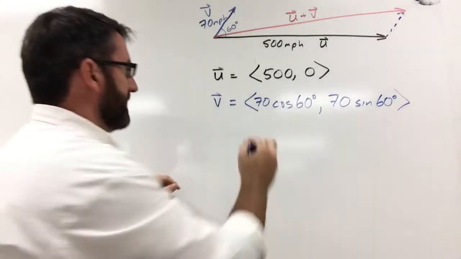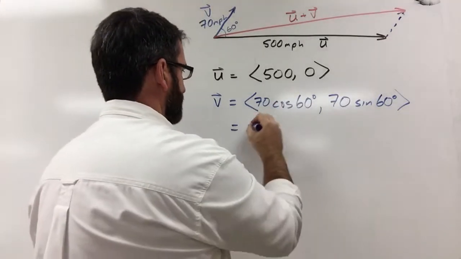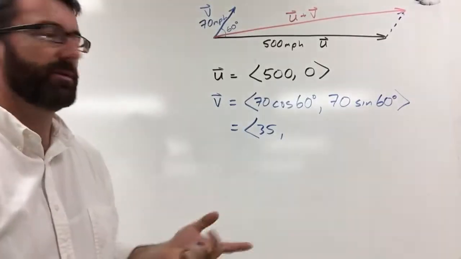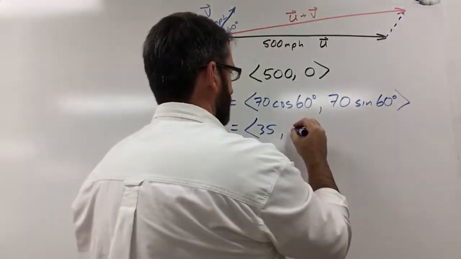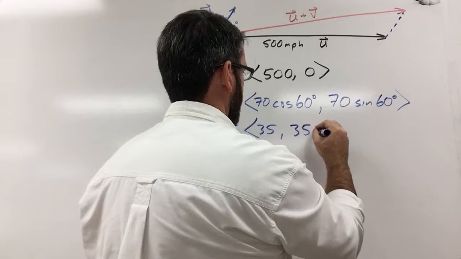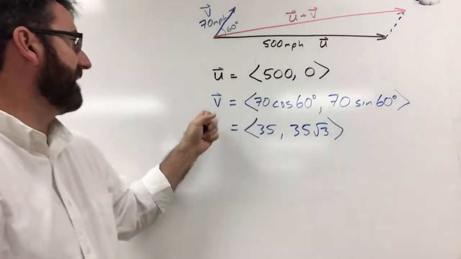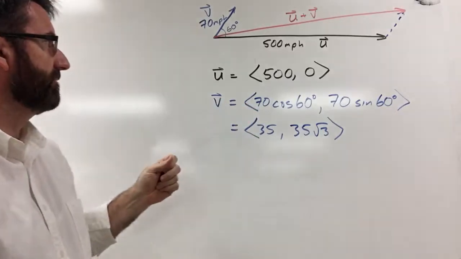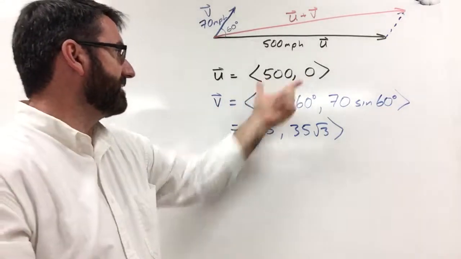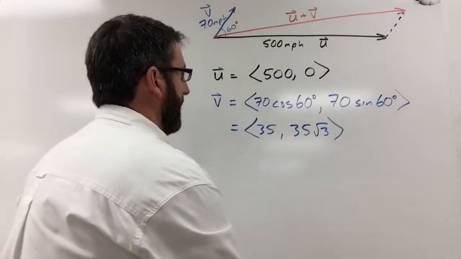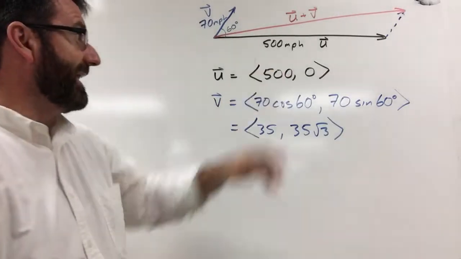We know that the cosine of 60 degrees is 1/2, so this is going to be 35. And the sine of 60 degrees is square root of 3 over 2, so this is going to be 35 square root of 3. So that's our component vector for v. Now that we've got these two vectors written out in component form, adding them is simple.